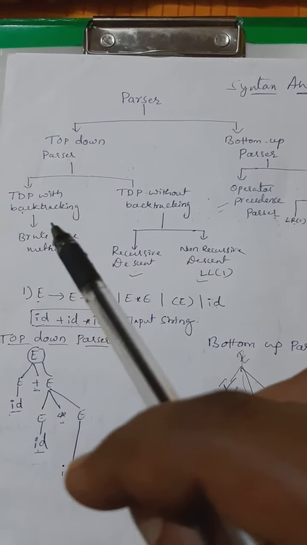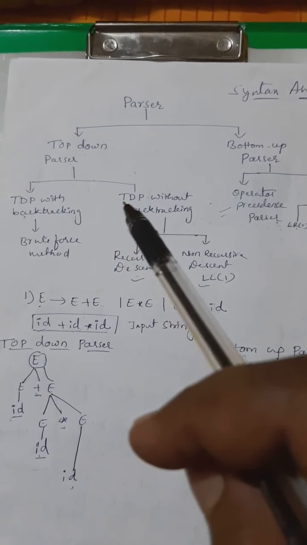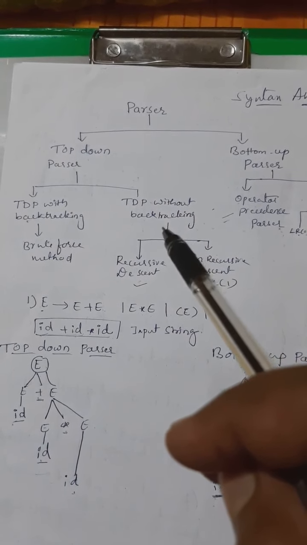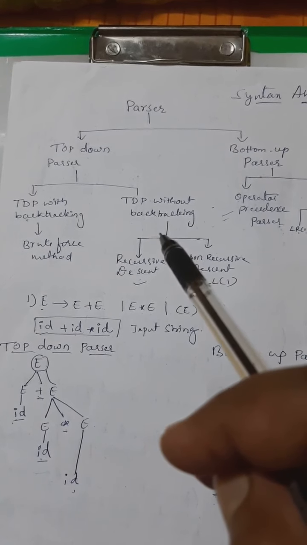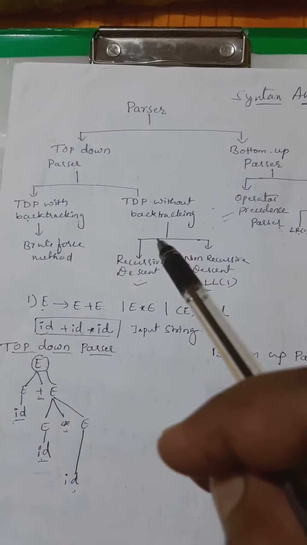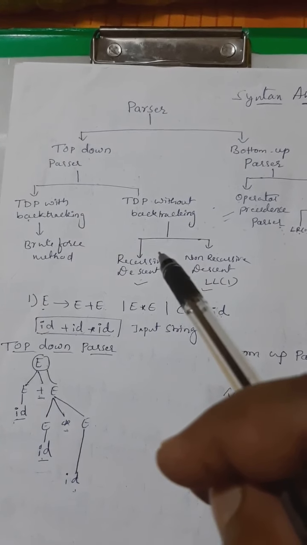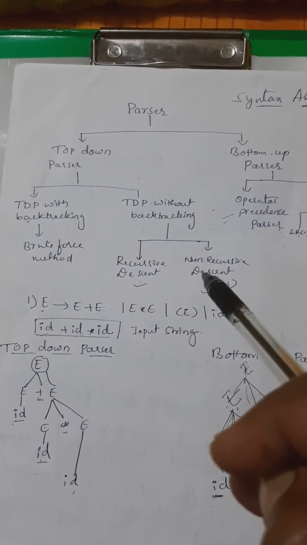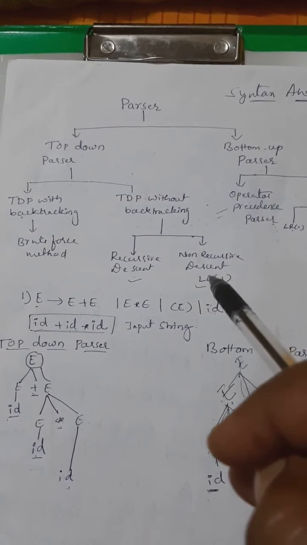So we backtrack and check the other alternatives. Top-down parsing without backtracking is deterministic in nature. Whatever option we select will parse the given input string successfully. Examples for this method are the recursive descent parser and the non-recursive descent parser.